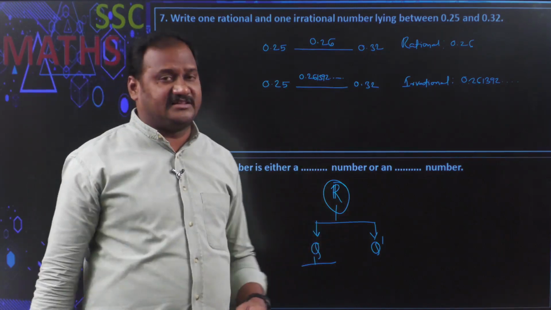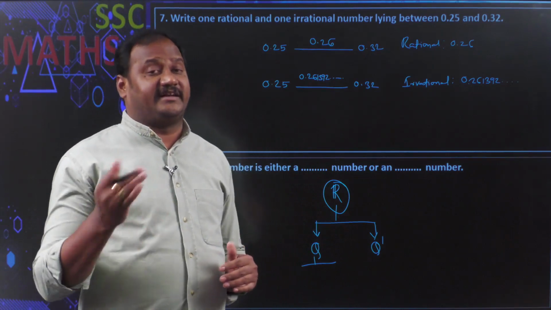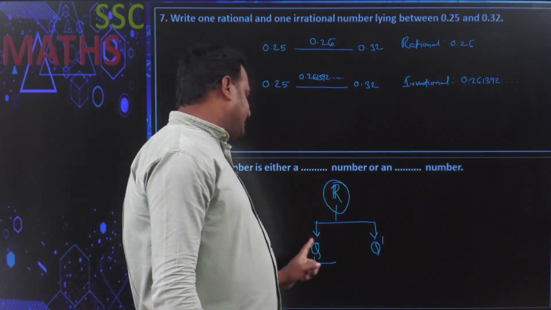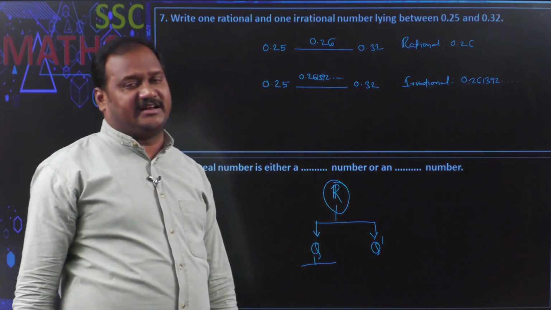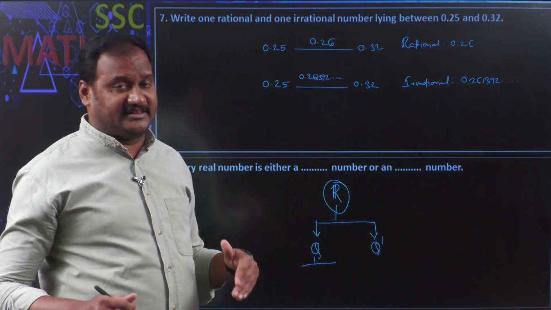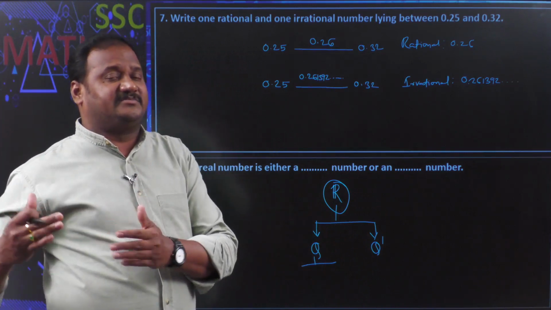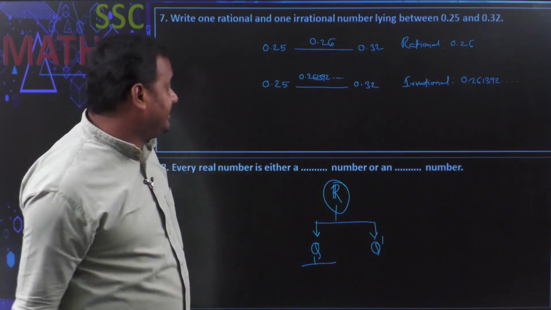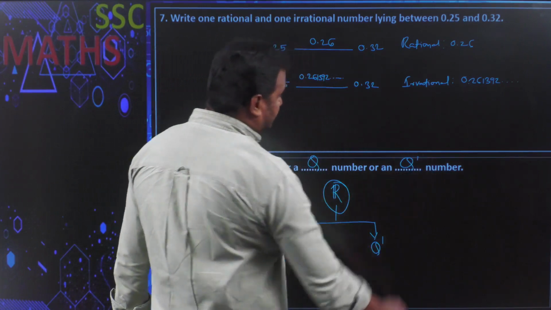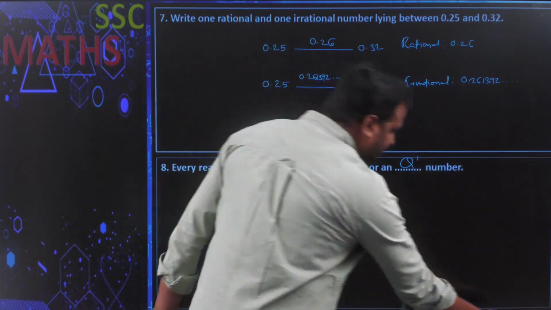And irrational numbers are the numbers which are not rational. Therefore, real numbers are divided into two categories, rational and irrational. You understand? Or you can consider that rational and irrational numbers together constitute real numbers.